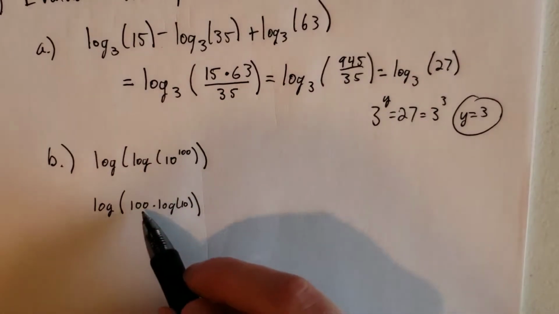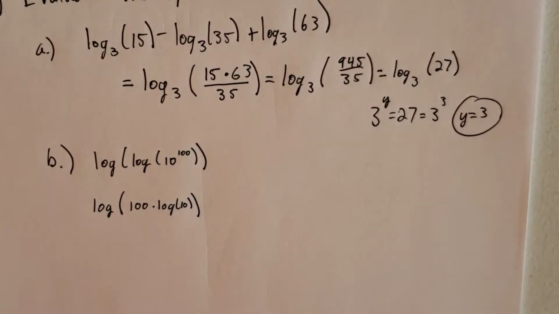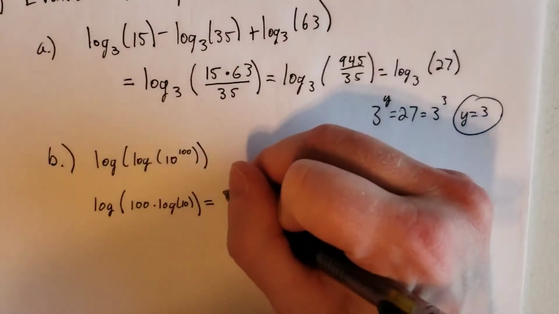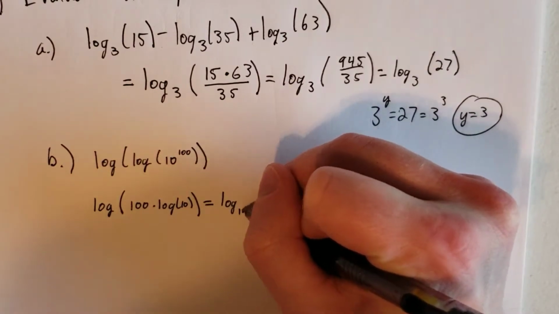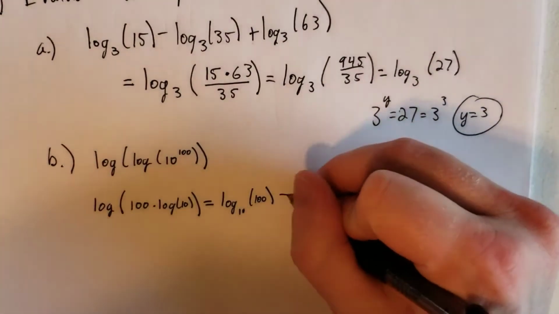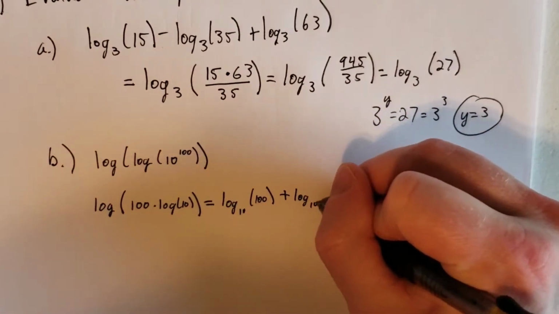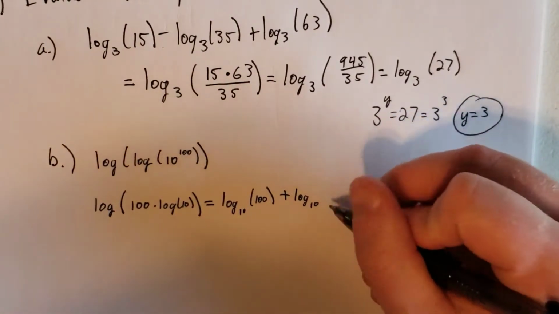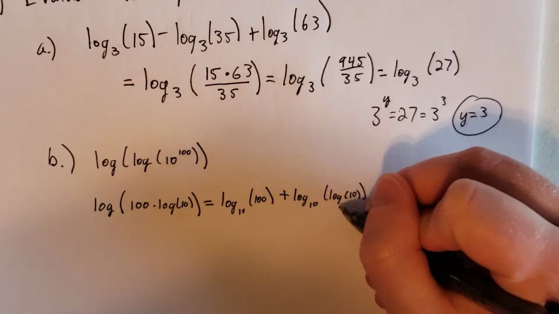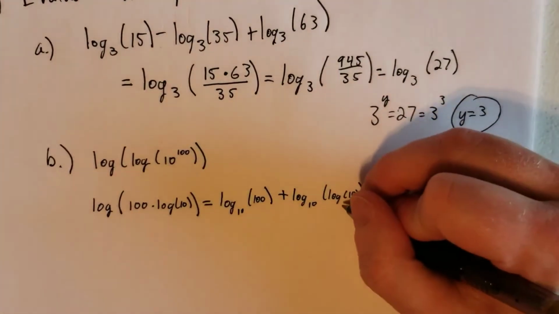If we have a product on the inside of a logarithm, then we can separate this into an addition. So this is log base 10 of 100 plus log base 10 of 10.